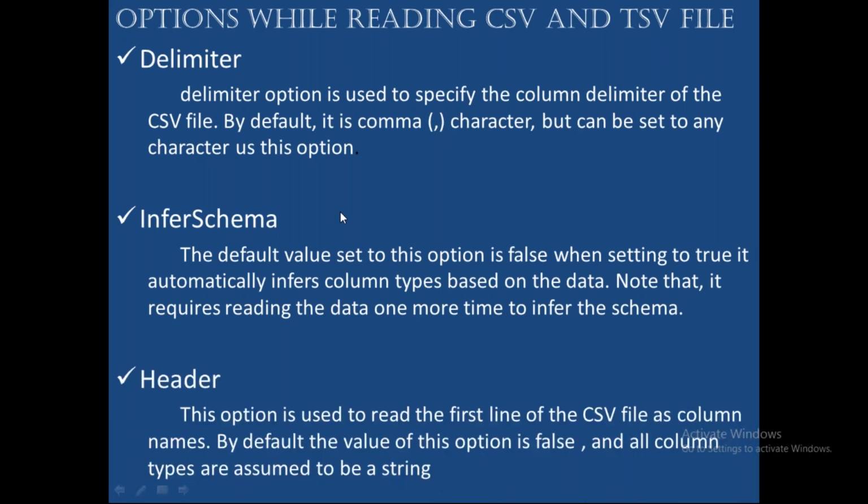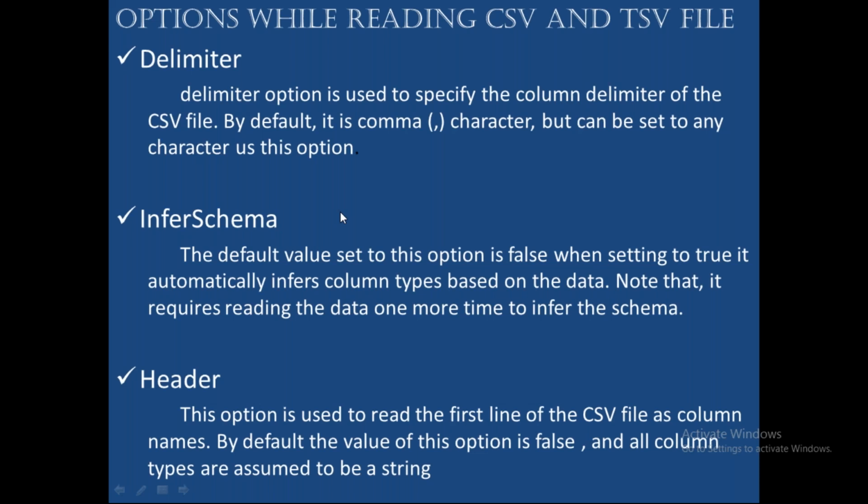Okay, let me go to header. This option is used to read the first line of CSV files as column names. The first line of the CSV file will be considered as column names if you mention header equal to true. But by default, this header value is also false.